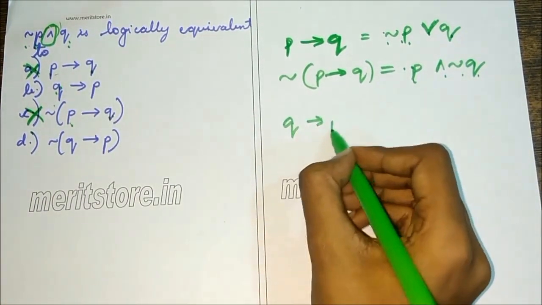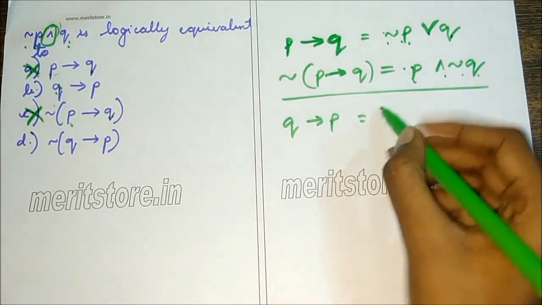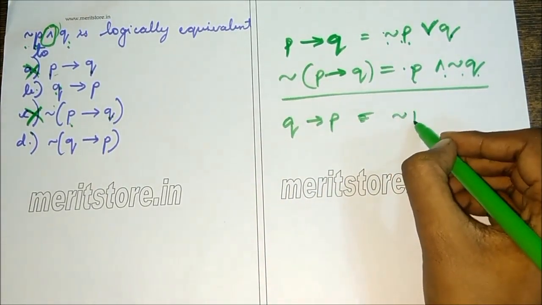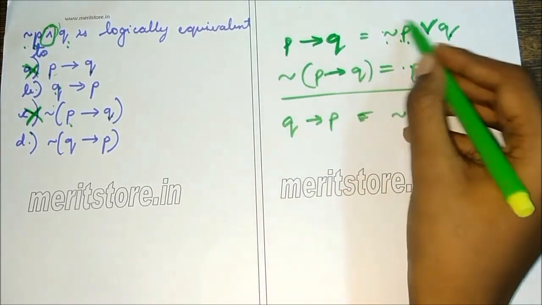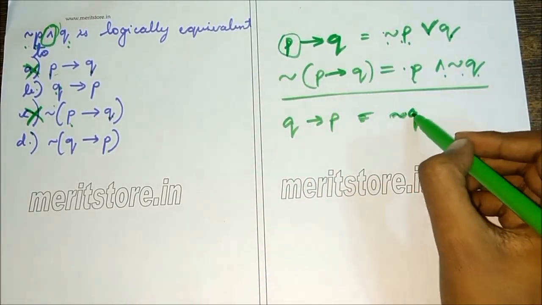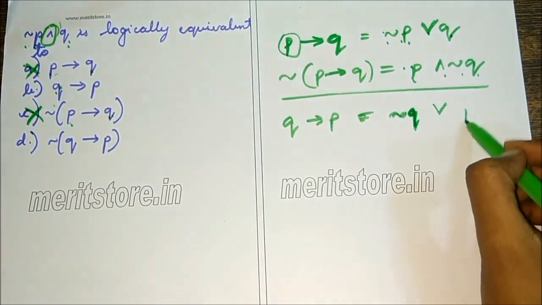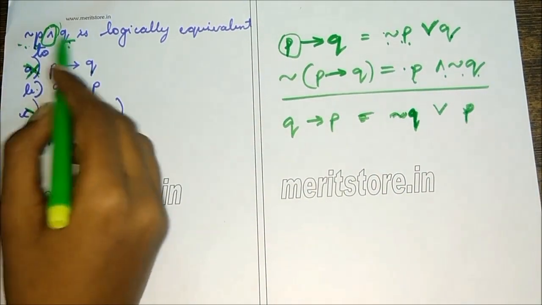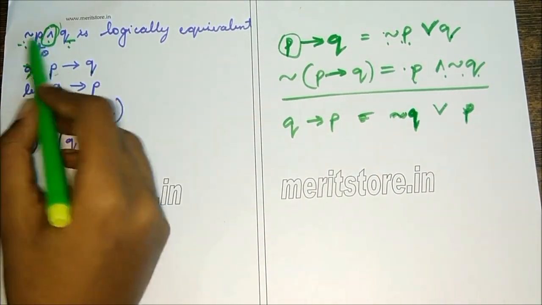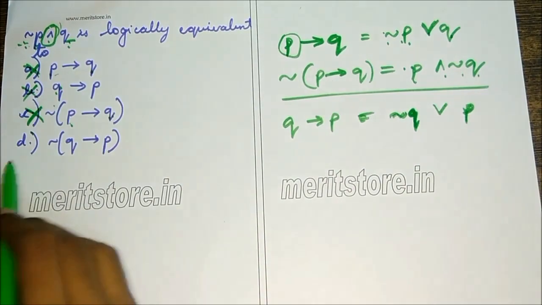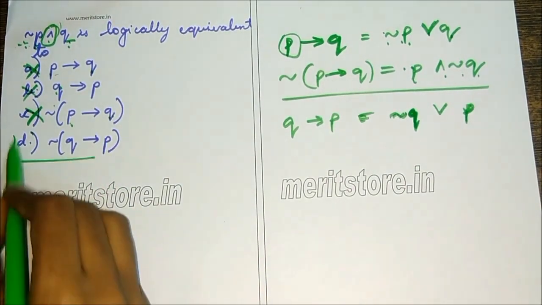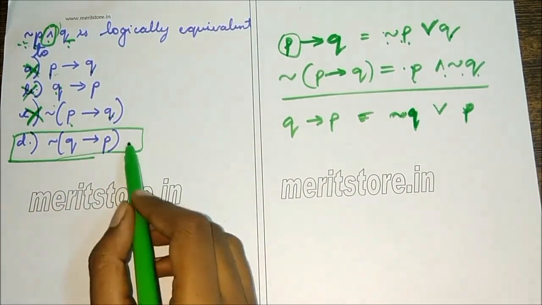So let's check just these two options. Q implies P will be negation of Q or P, but this is not the same. We are using and, and it is negation of P, so this is also wrong. So the only option available is D. Let us check this also.